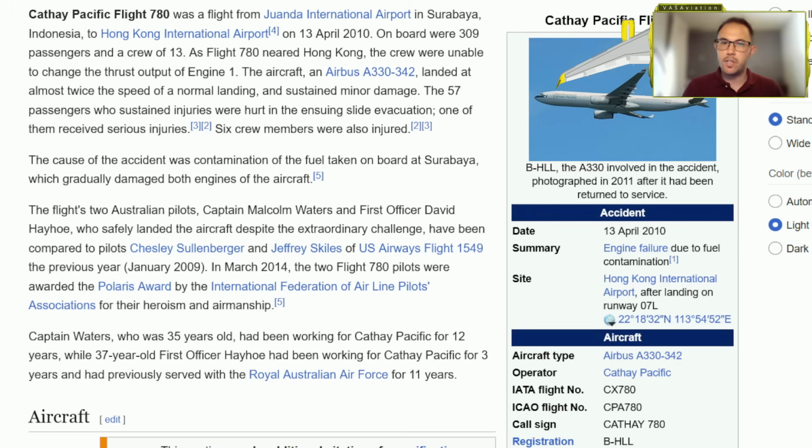Basically, due to fuel contamination, the engines were being damaged, and the engines were not responding to pilot inputs on the throttle controls. First, it was only one engine, but when they were getting to the destination, it was two. Both engines were kind of failing and giving some problems and issues. So the pilots declared an emergency, mayday, and they landed safely. And finally, it was discovered that it was due to fuel contamination.